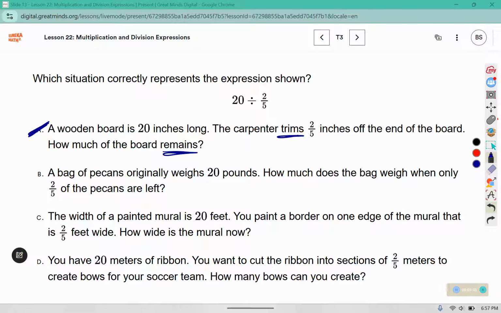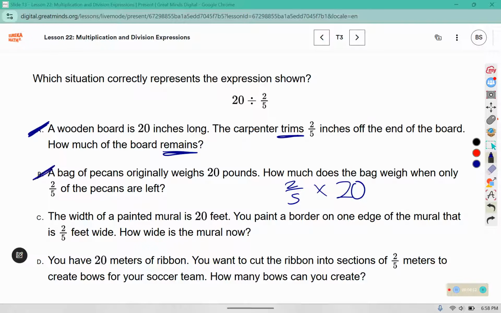A bag of pecans originally weighs 20 pounds. How much does the bag weigh when only 2/5 of the pecans are left? Okay, if only 2/5 were left, that would mean we need to figure out what 2/5 of 20 would be, which would be a multiplication problem, 2/5 of the 20 pounds.